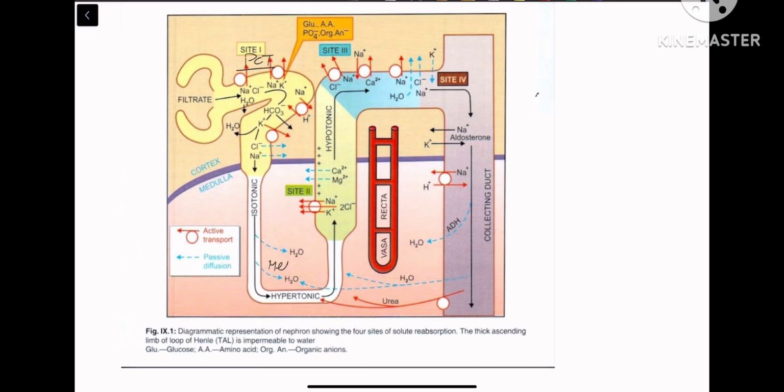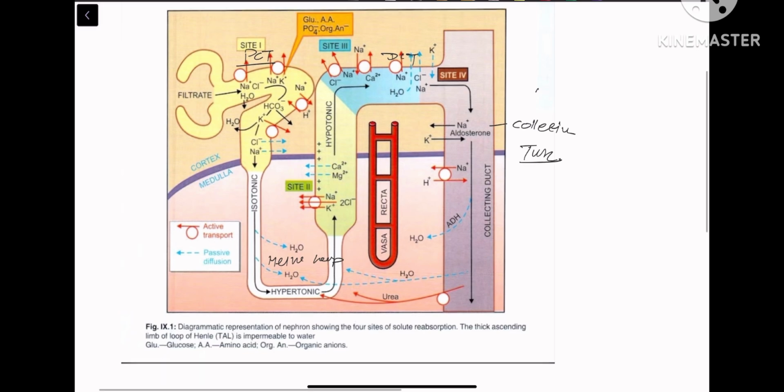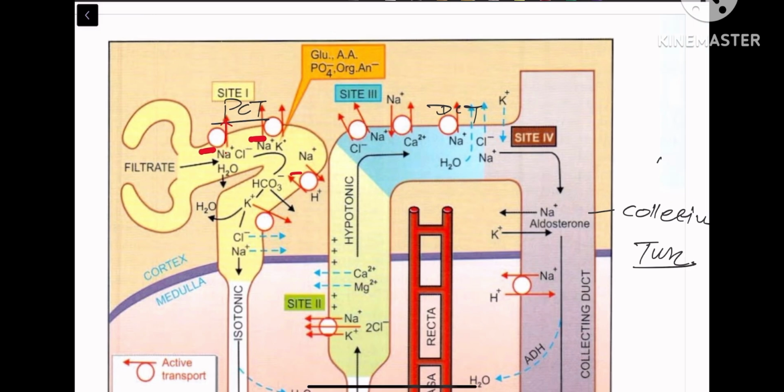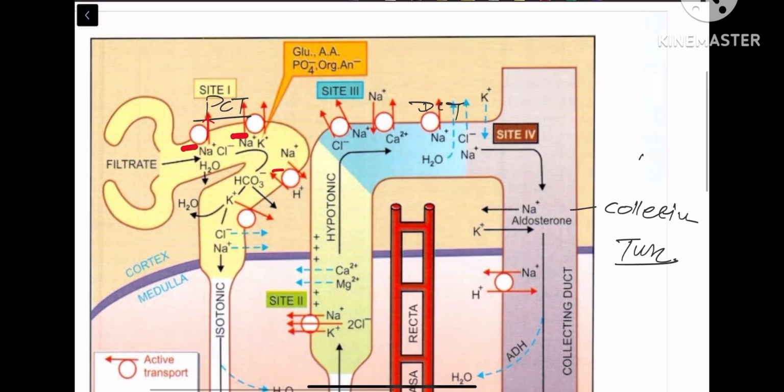This is the loop of Henle. This is the DCT part, and this is the collecting tubule. Here we have sites where sodium is absorbed according to the gradient potential.